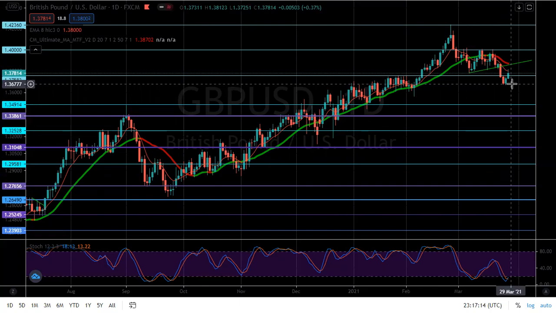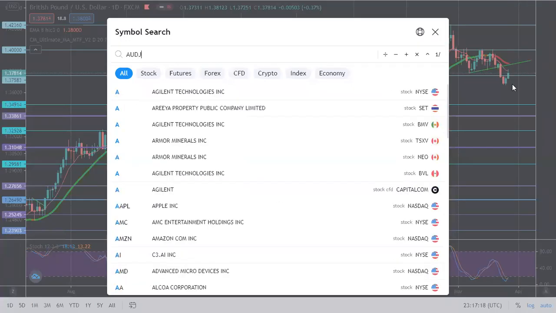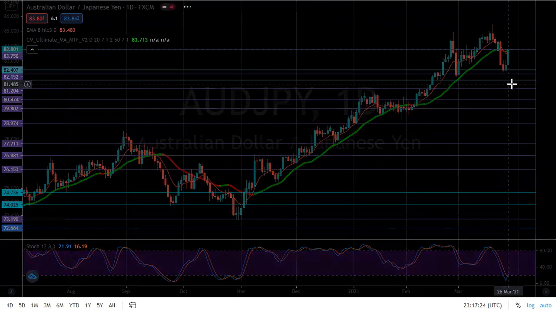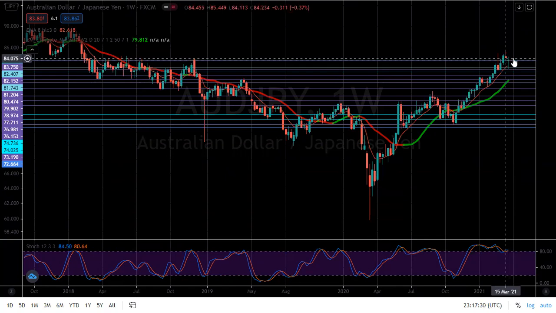Let's go to the Aussie Yen pair. For this pair, we looked at price action based on the shooting star pattern we had 2 weeks ago. I was looking forward to seeing price coming to this zone, and we did quite that.